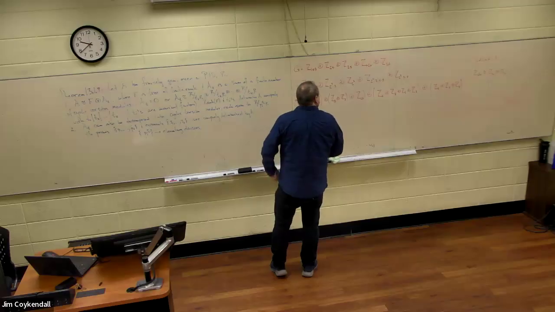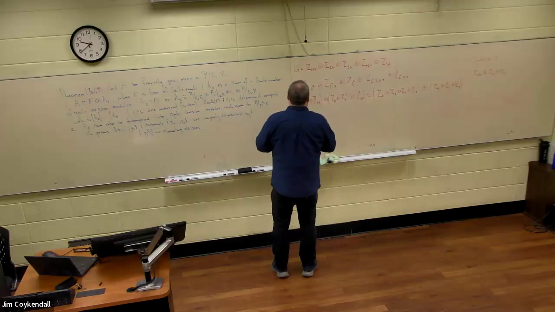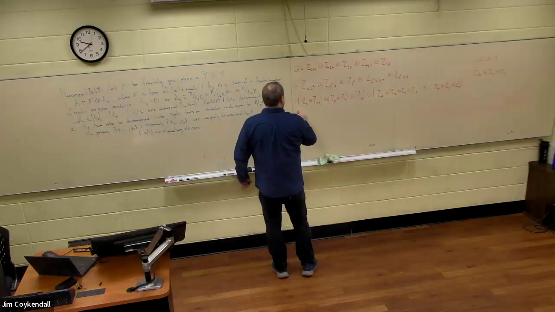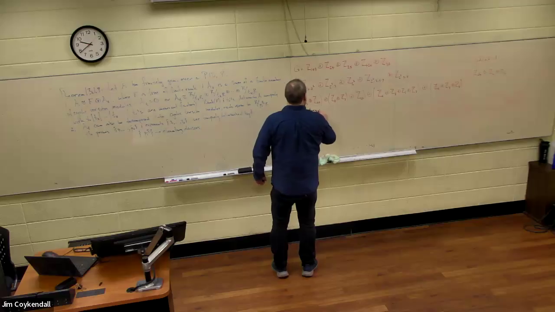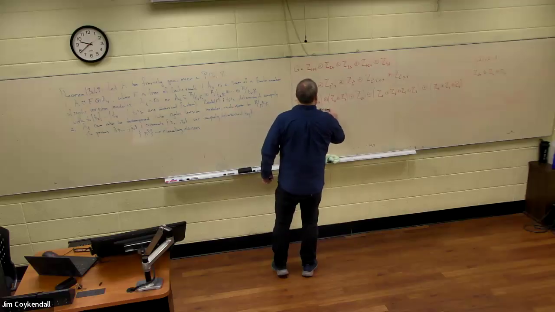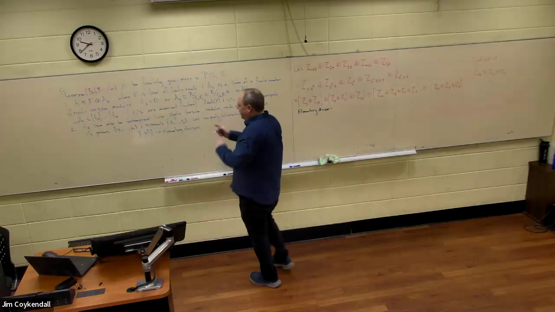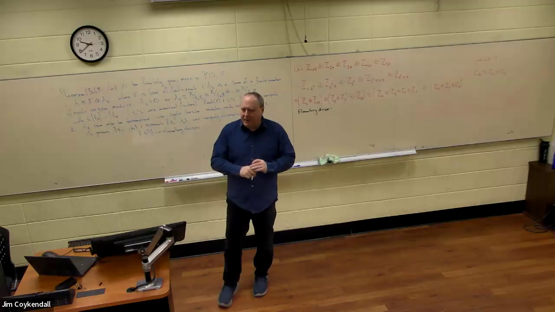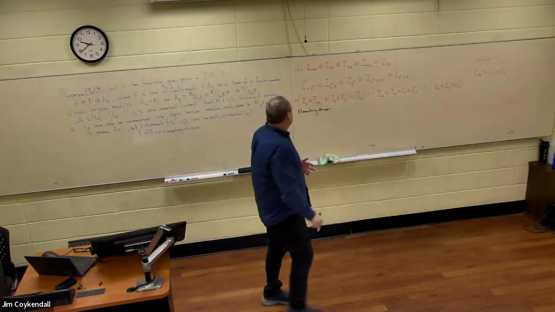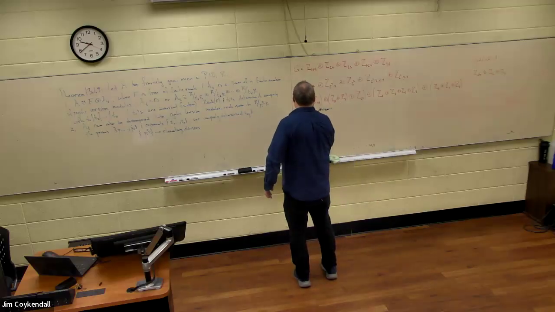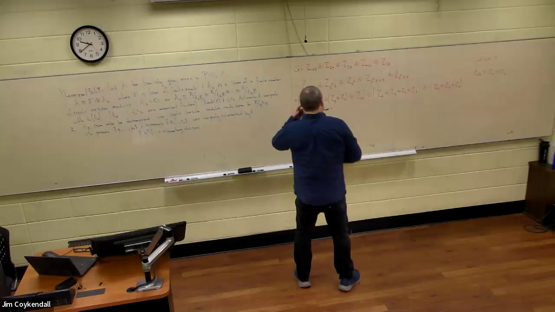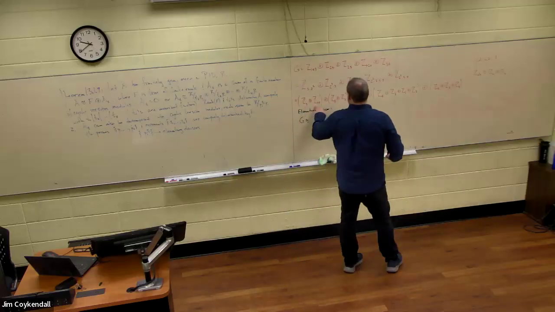Okay, so let's do the elementary divisor decomposition. Elementary divisor means that I organize these by prime powers. So the lowest prime, I have powers of 2.